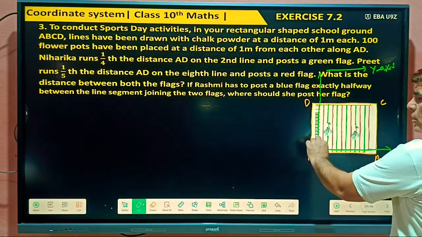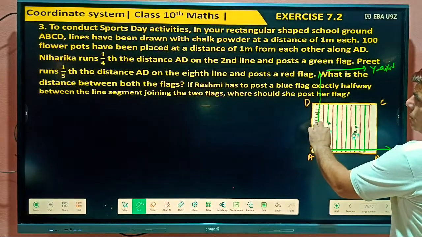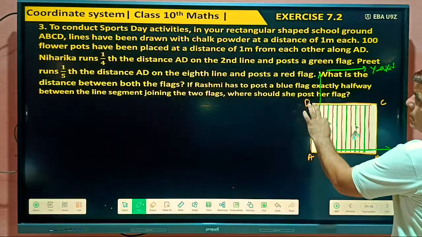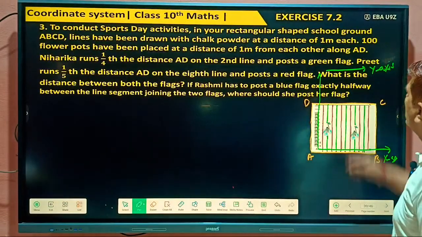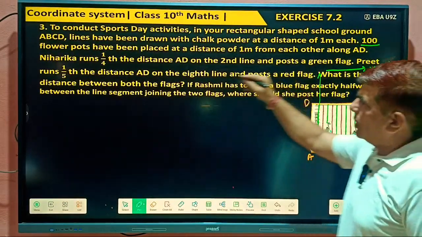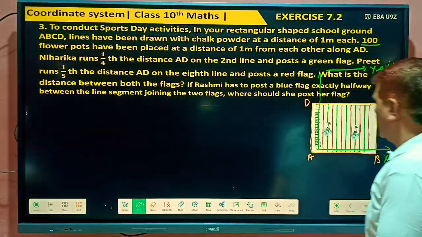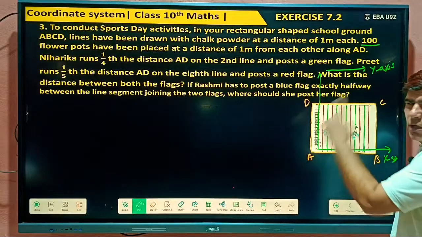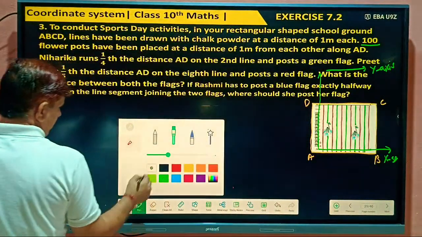One flower pot, then 1 meter distance, then another flower pot, then 1 meter. So in this way, 100 flower pots have been placed at a distance of 1 meter from each other. Its meaning is this: AD equals 100 meters.